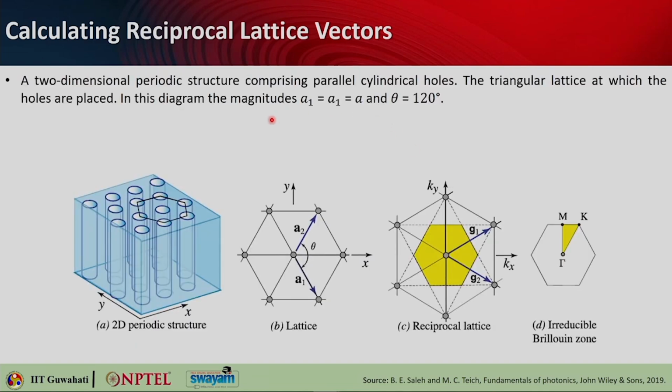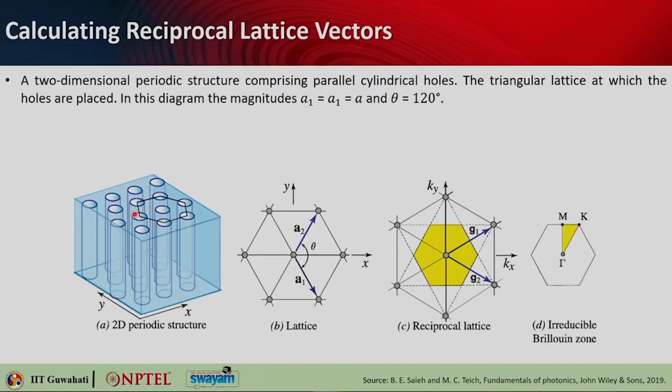Now a two-dimensional periodic structure comprising parallel cylindrical holes is considered here. One important thing, as you can see, is that they are not aligned in a rectangular or square lattice. If you connect all the center points of these cylindrical holes, so how do you make these holes? First of all, you take this structure and then drill holes in this particular pattern.